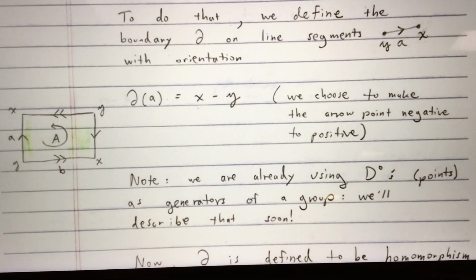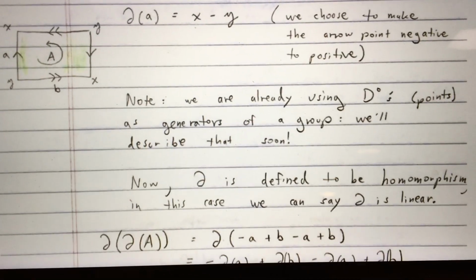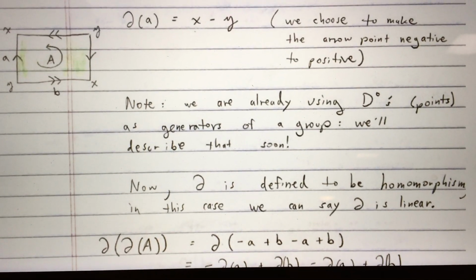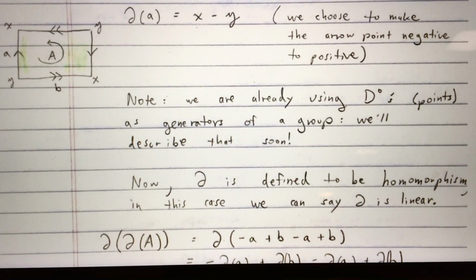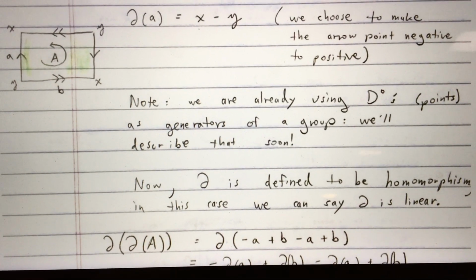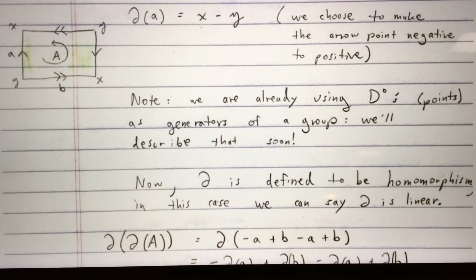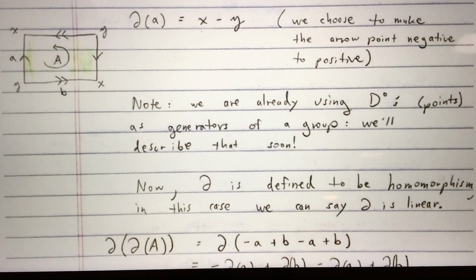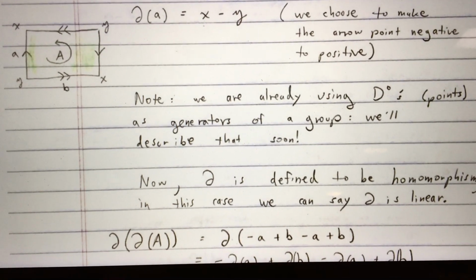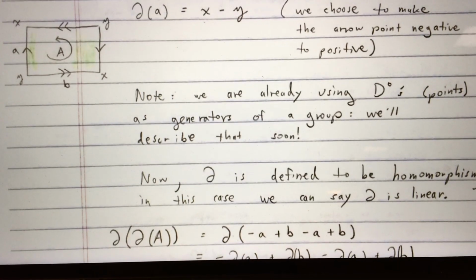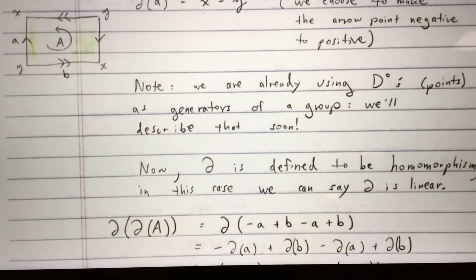So now let's see that we get what we want. First of all, the boundary is going to be defined to be a homomorphism. In this case, we could even say that it's linear because we're talking about an additive, commutative operation. So to check that we get what we want, we take the boundary of A, which we already found inside of the parentheses, negative a plus b minus a plus b.